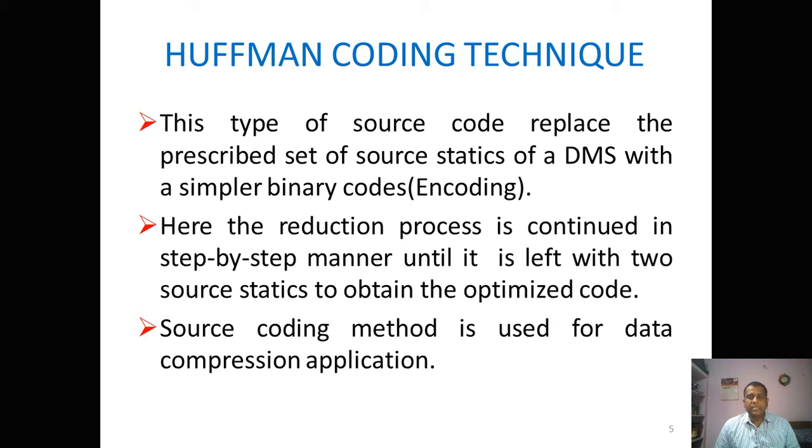We call it encoding. Here, the reduction process is continued step by step until it is left with new source statistics to obtain the optimized code. Simply, this source coding method is used for data compression applications.